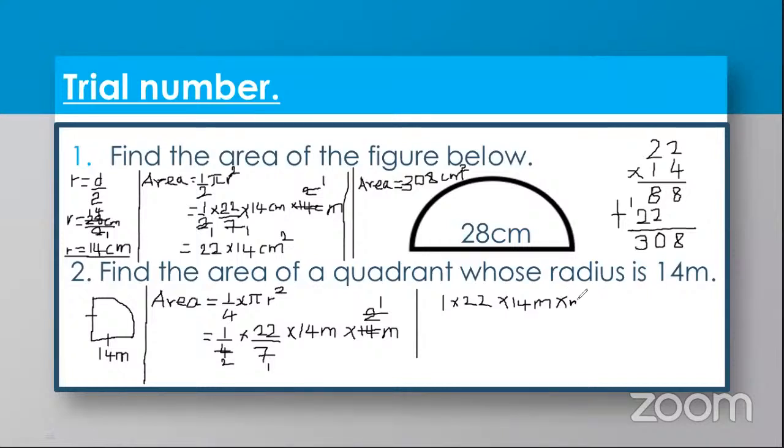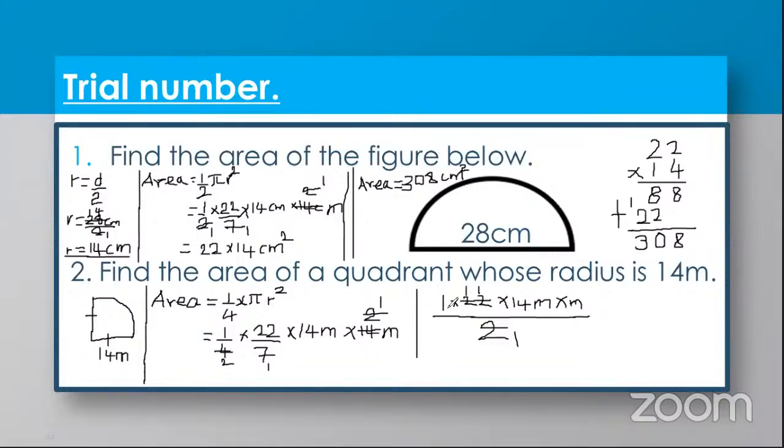Times 1 meters, isn't it? Yes. And also out of 2, there is 2 still remaining in the denominator. Do you realize that? So can that 2 be divided by any of these? Which one are you going to divide by 2? 22. 2 divided by 2, you get 1. Then 22 divided by 2, you get 11.